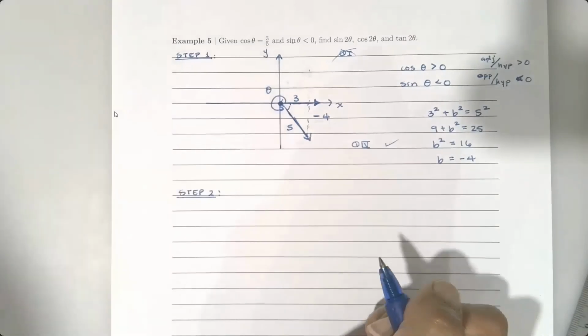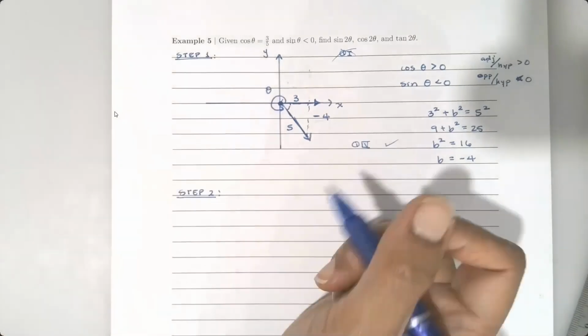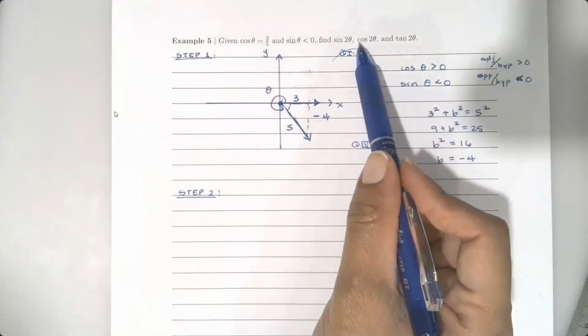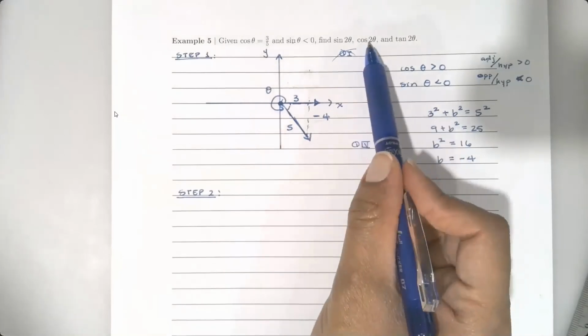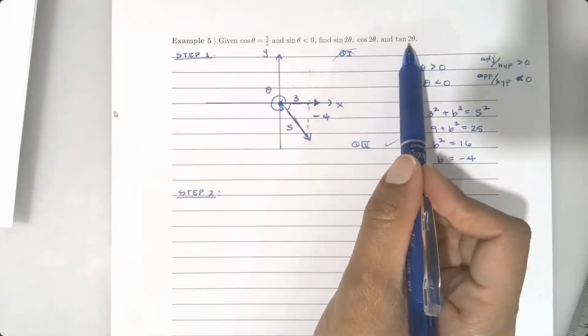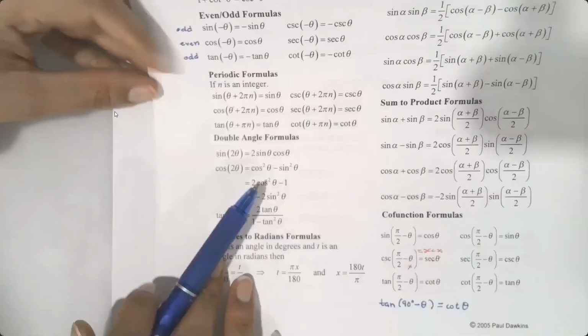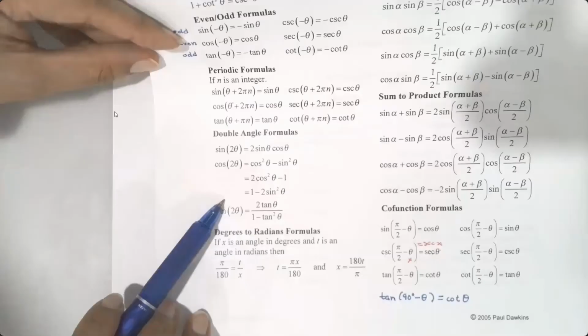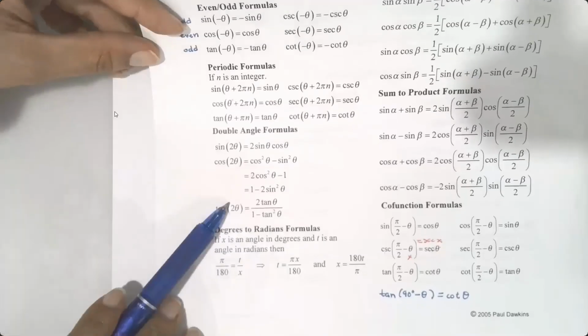For the next step, we need to identify which formula or formulas are necessary to find sine of 2 theta, cosine of 2 theta, and tangent of 2 theta. If you look at the double angle formulas, we have some that have the sine 2 theta, cosine 2 theta, tangent 2 theta on the left-hand side precisely, right?